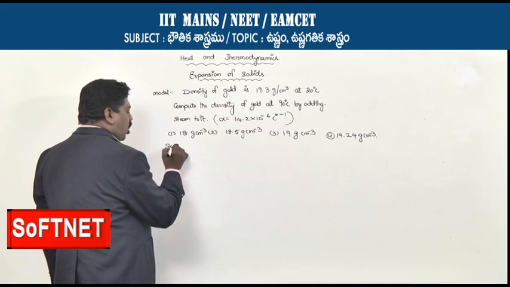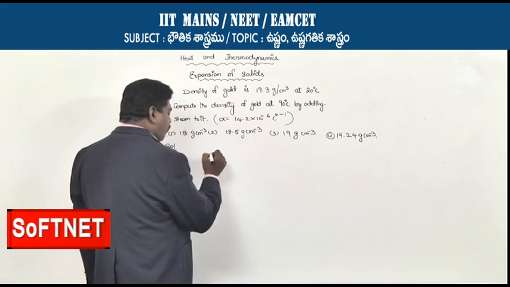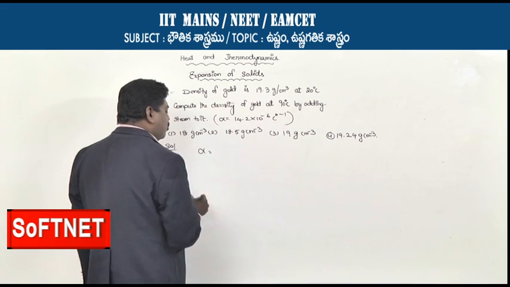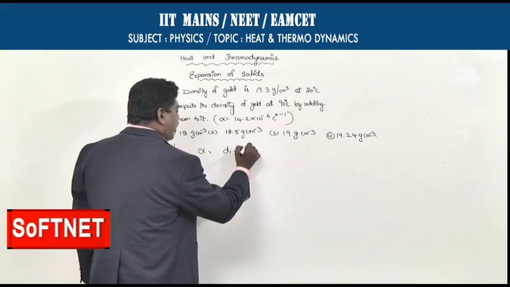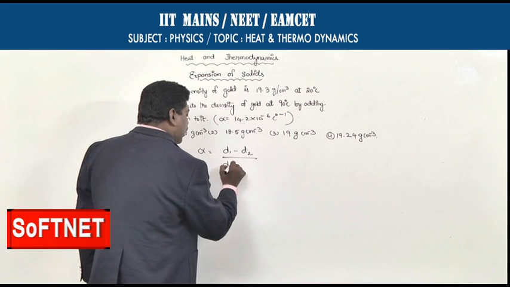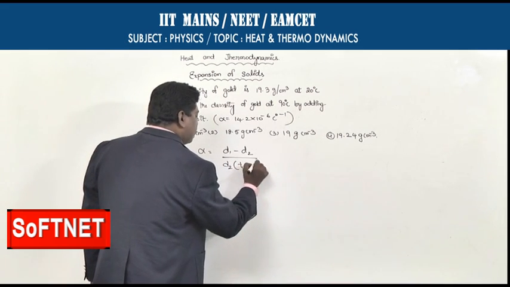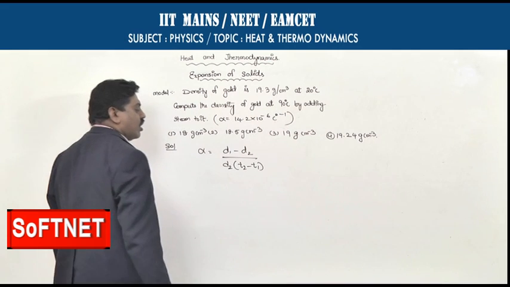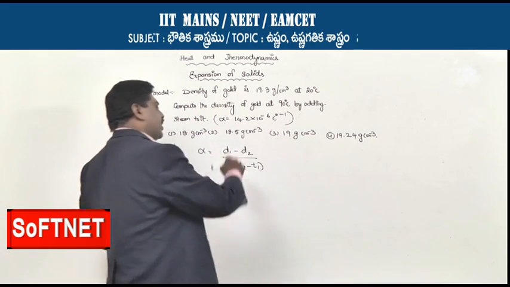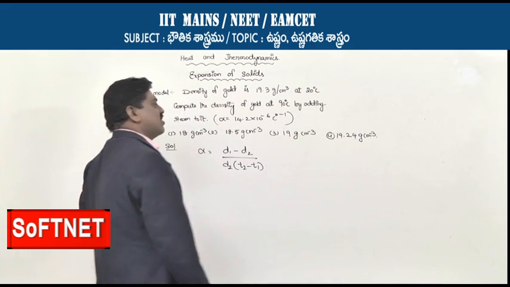Now in this case, what we do is alpha equals (d1 minus d2) by d2 into (T2 minus T1), where d1 is density at low temperature and d2 is density at high temperature.